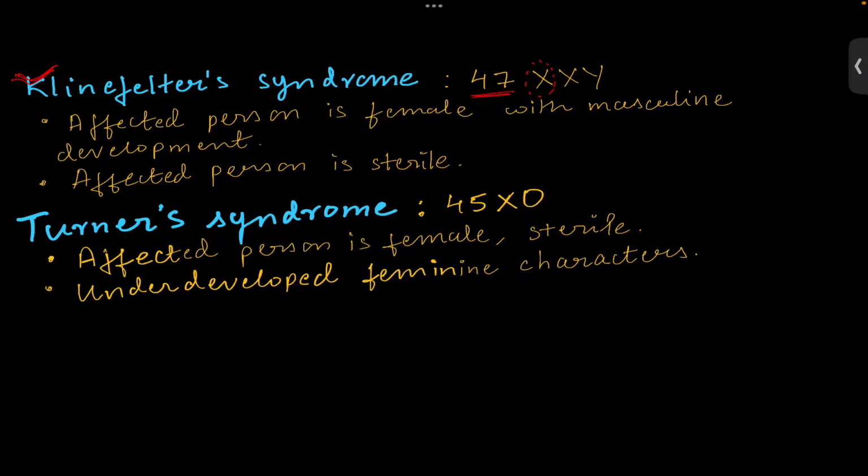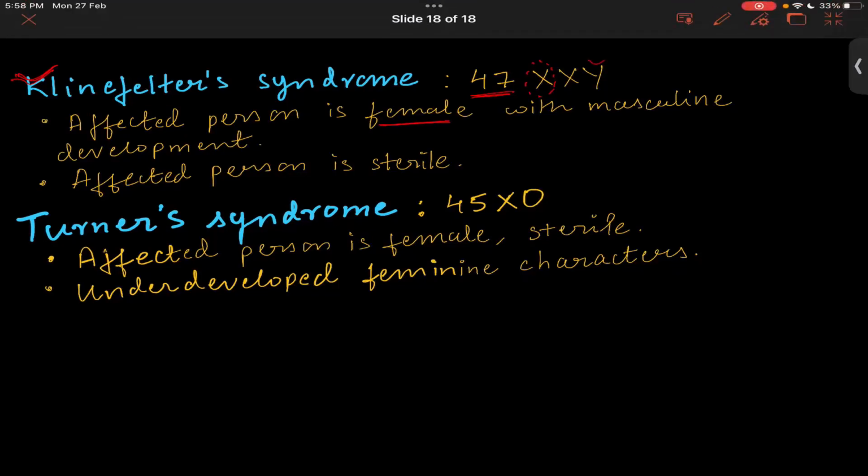Now this individual is male, but because of the presence of the extra X chromosome, this individual develops feminine characteristics, and is sterile, meaning they cannot have children of their own. Their reproductive organs are not properly functional.